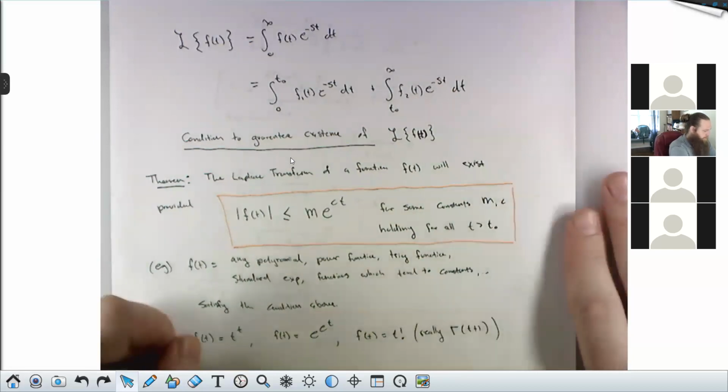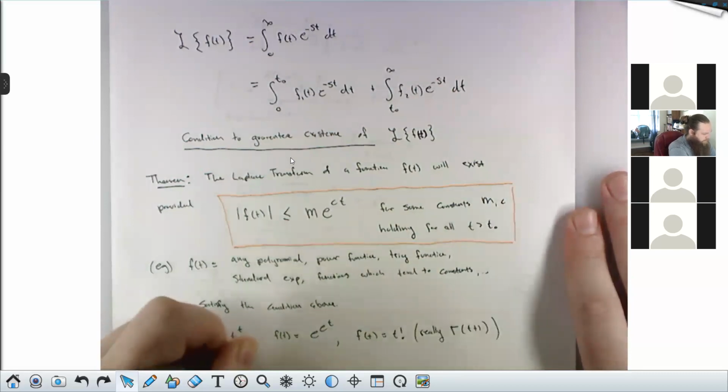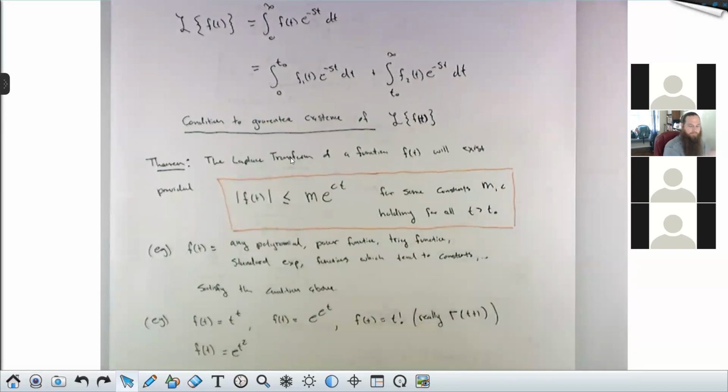Another famous, important one, f of t equals e to the t squared. That grows too fast. It doesn't even have to be e to the t, e to the non-linear growth power here would do the job. All right, I think that's enough of that.